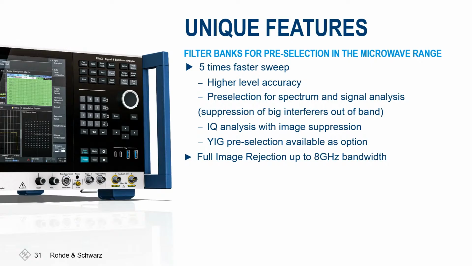You have highly accurate level measurements, and you have a non-distorted IQ analysis with preselection. The YIG filter can be added for narrowband dynamic range measurements as well, but the preselection mainly for wideband application is done with filter banks.